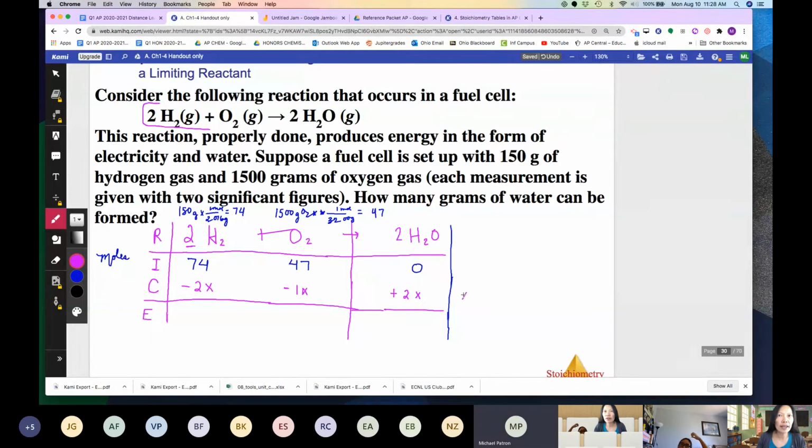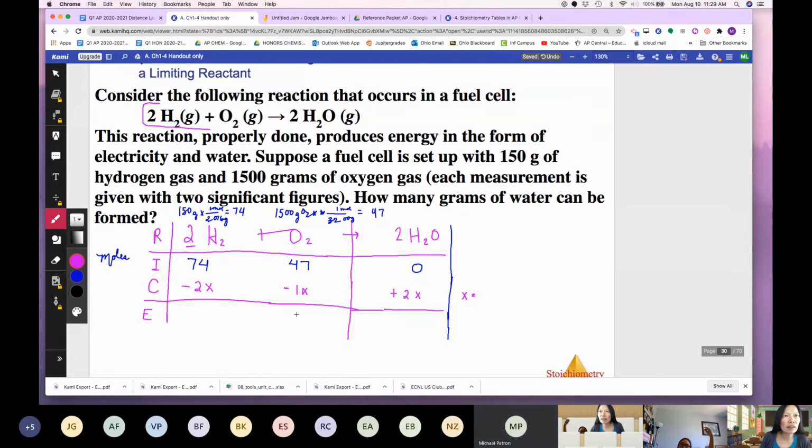Then you have to solve for x, so one of them is 0. Did you say 47? 37. How did you get 37? I divided 74 by 2. Oh, yeah. So divide 74 by 2. 2 times 37 makes 74, right?